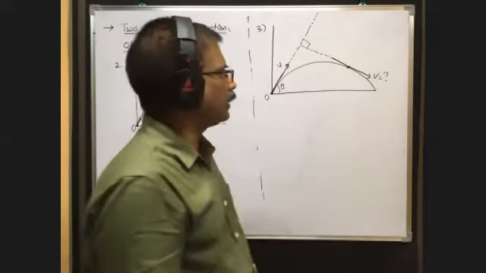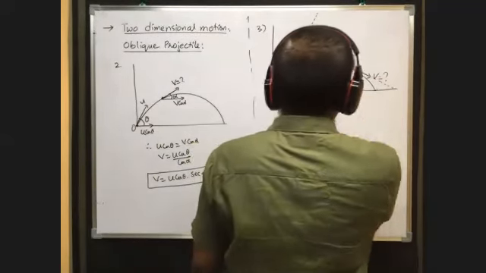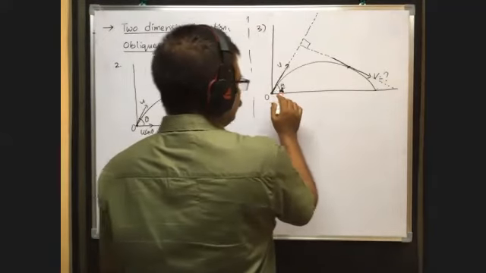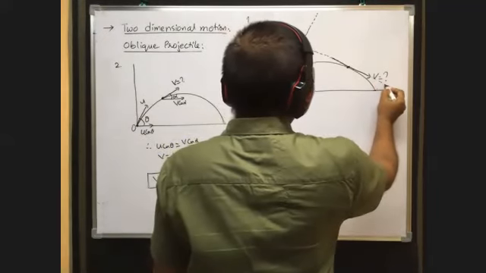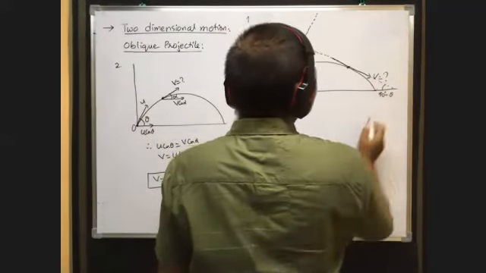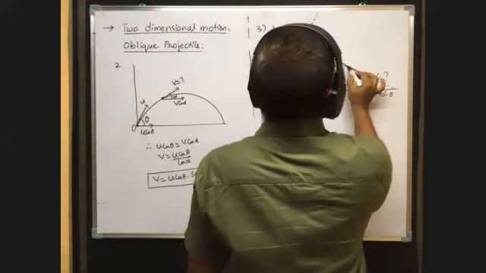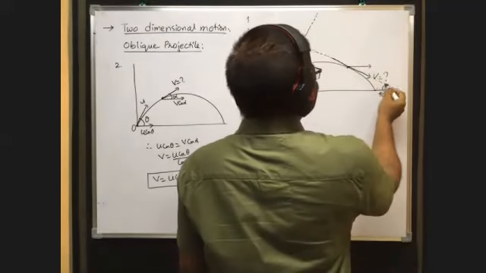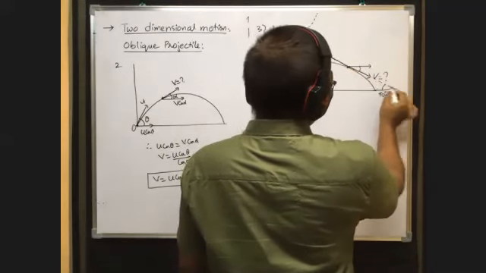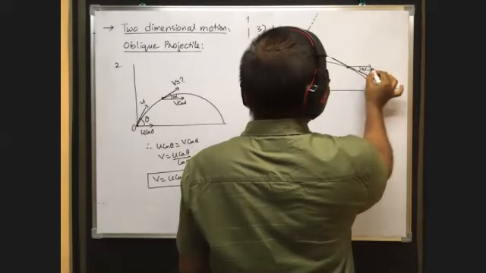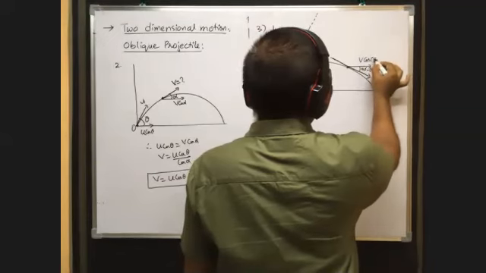Okay. How can we find it? Here this is the horizontal plane. If this angle is theta, this is 90 minus theta, because these two are horizontal and it is the intersecting line. If the velocity is v, then the component of this velocity in the horizontal direction is v cos(90 minus theta).